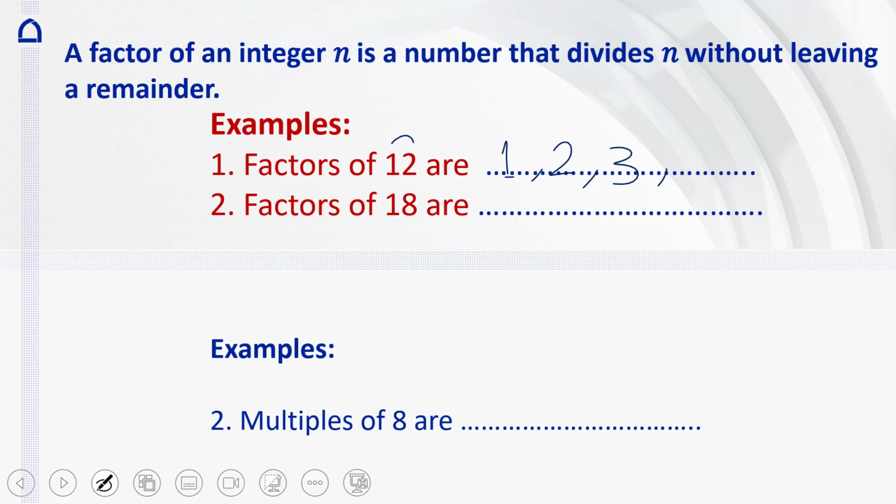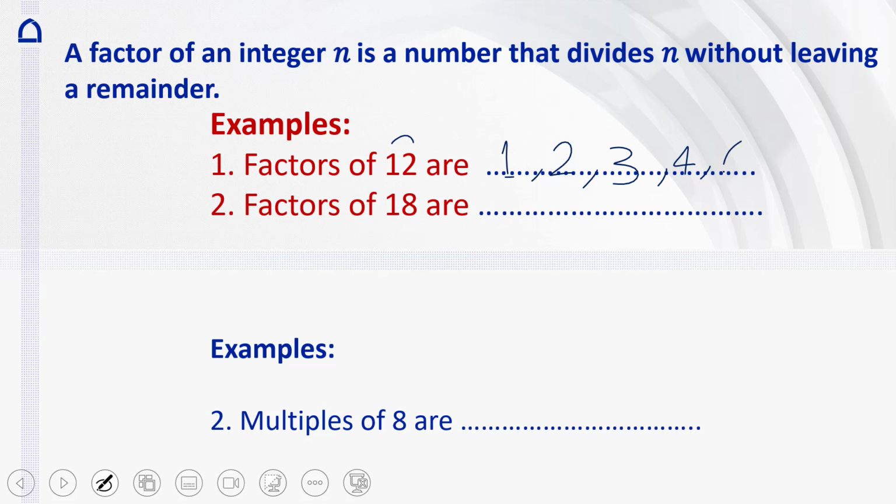Because it can be divided by 2 twice, it can also be divided by 4 without a remainder. Now, if we try to divide by 5, we'll have 2 and the remainder is 2. So 5 is not a factor.